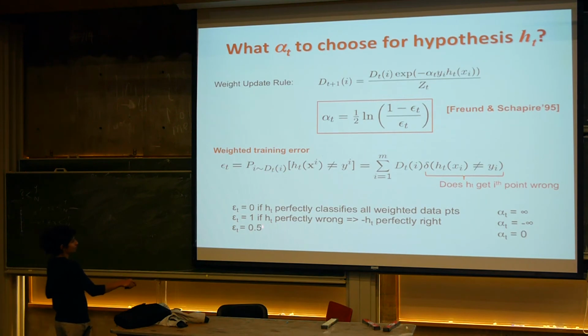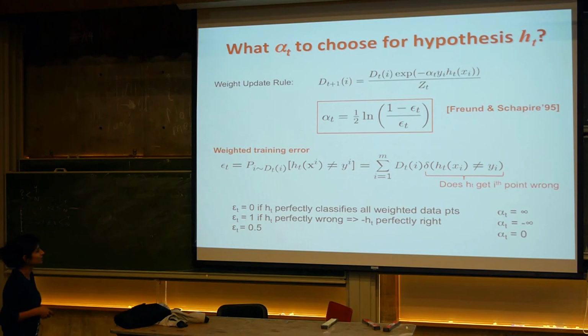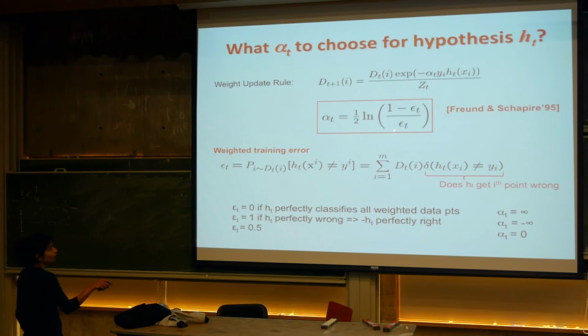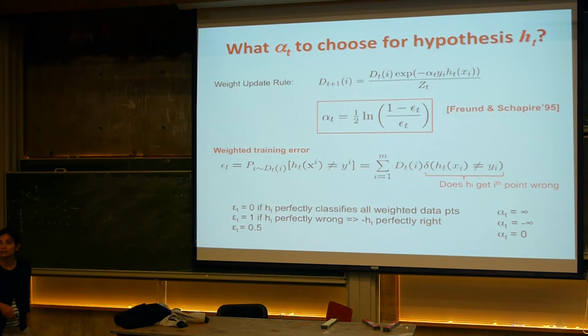But if it is a useless classifier, it's completely outputting randomly 0 or 1, then epsilon t is 0.5. It has half weighted training error, and if I plug in that here, we get a 0. Alpha t is 0 because it's log of 1. So it makes intuitive sense.